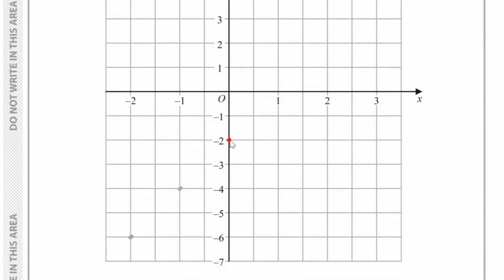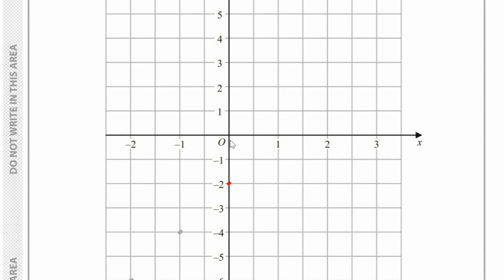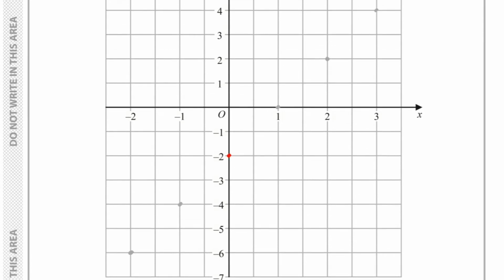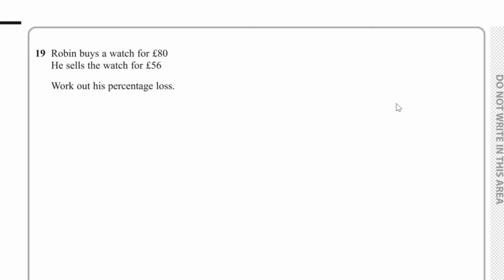When x is 1, y is 0. When x is 2, y is 2. And when x is 3, y is 4. And so what we need to do at this point is join these up with a straight line. And so here we have the graph y equals 2x minus 2.